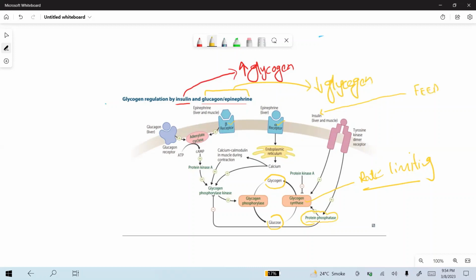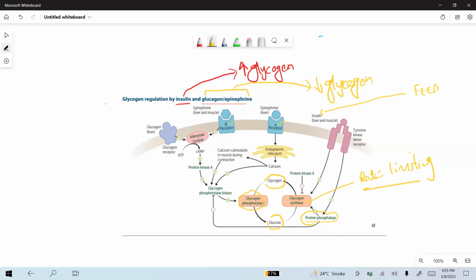Adenylate cyclase converts ATP to cyclic AMP, which leads to increased protein kinase, and this protein kinase ultimately activates glycogen phosphorylase kinase. This leads to increased glycogen phosphorylase, which converts glycogen into glucose.